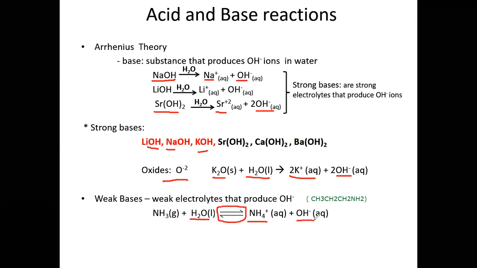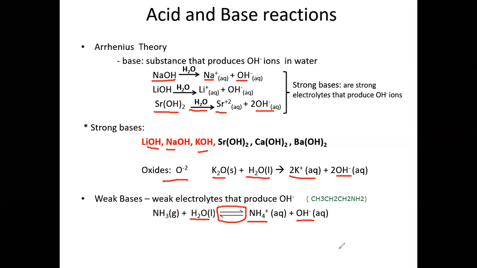So since we form hydroxide, it's a base according to the Arrhenius theory. But again, the double-headed arrow signifies that both reactants and products are present at the same time. Whereas the single-headed arrow only indicates that there's only products at the end of the reaction.